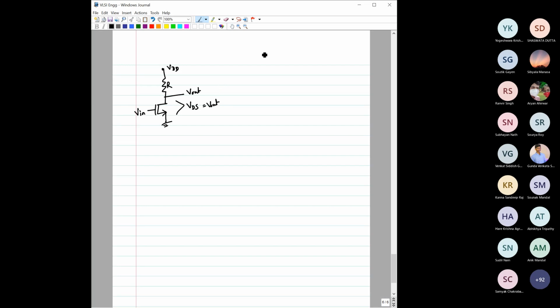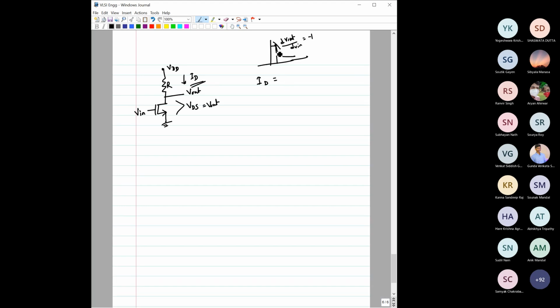Now we are trying to find this point, where the slope dV out by dV in is equal to minus 1. So how should we approach? First, we know what this current is. In this region, the transistor is operating in which region? Should we write the equation of the linear region or saturation region?